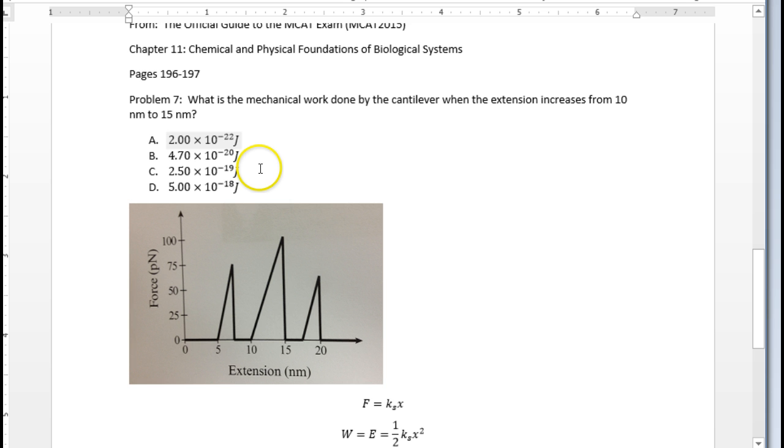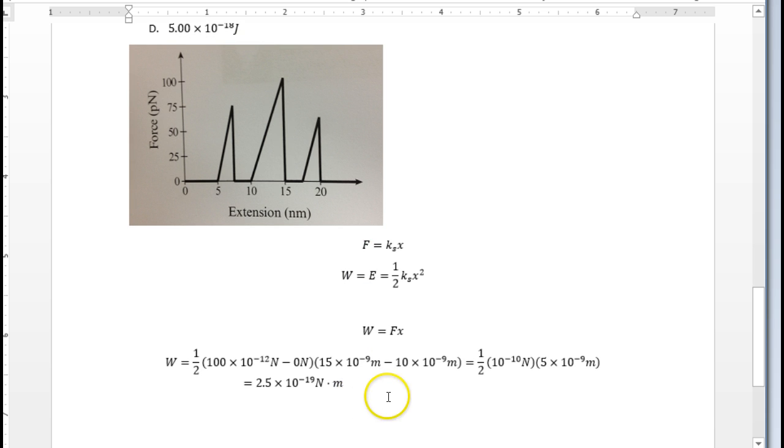So we get, in this case, and a joule, work is 2.5 times 10 to the minus 19th Newton meters, which is 2.5 times 10 to the minus 19th joules.